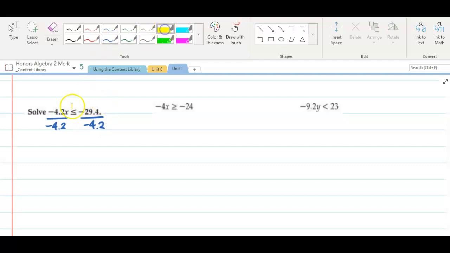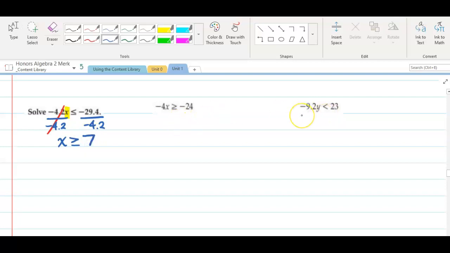That's how I'm going to isolate x. Currently it has times negative 4.2. When I divide, that cancels out, I'm left with x, but notice I'm dividing by a negative, so I immediately need to flip that symbol before I even go over to my calculator to figure out what 29.4 divided by 4.2 equals. When we divide those, we end up with positive 7.